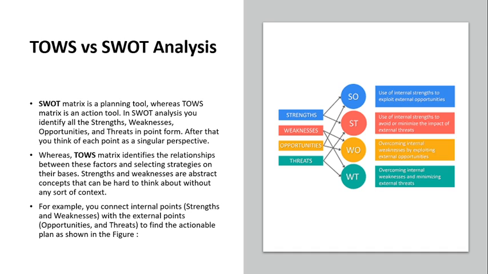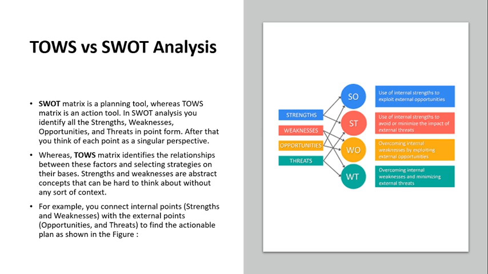So how should your internal strength be used to avoid the impact of external threat? That can be found by using the TOWS matrix. Whereas in SWOT analysis, you can only know what is the strength of the firm and what is the weakness of the firm, as in the case of a single perspective.